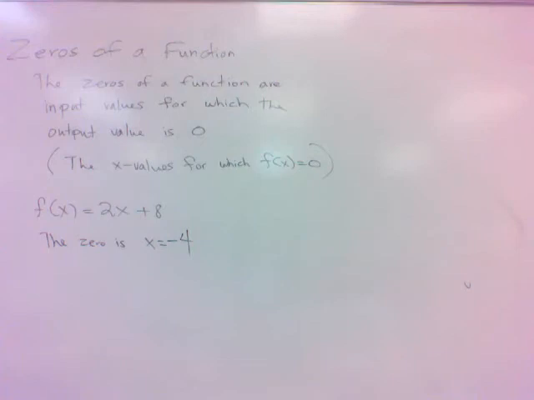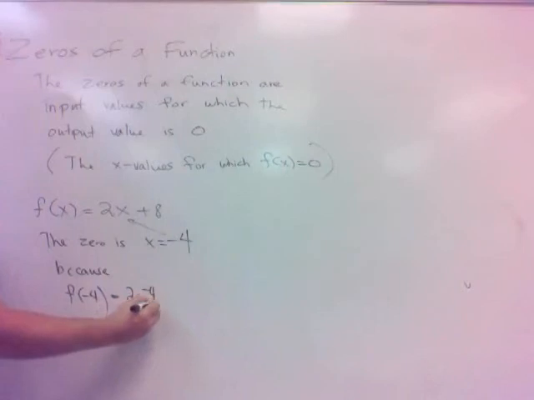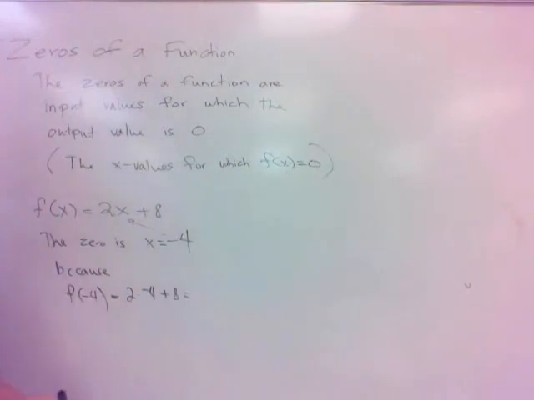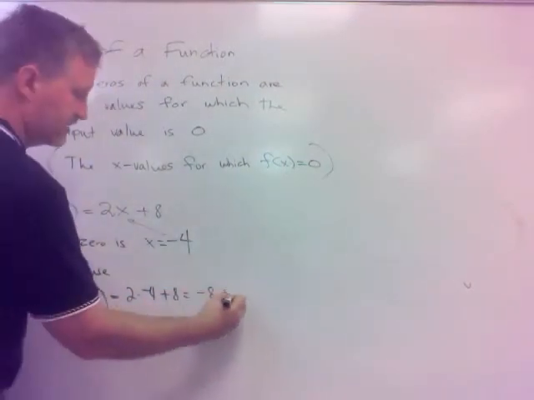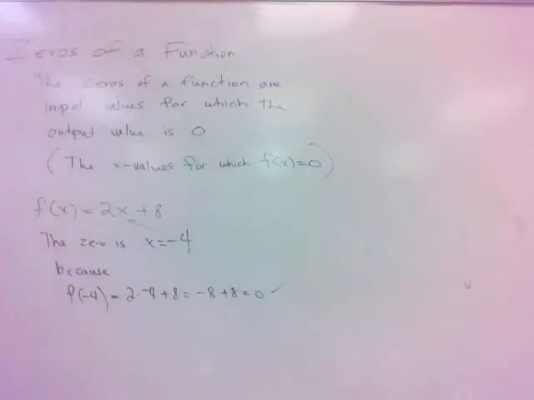Do you see why? Because if I plug in negative 4, what's the output value? Well, if I plug in f of negative 4, the input of negative 4, I get 2 times negative 4 plus 8, which gives me 0, doesn't it? Negative 8 plus 8 is 0. That's what we're saying.